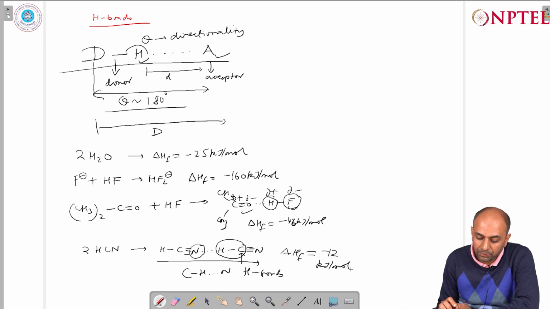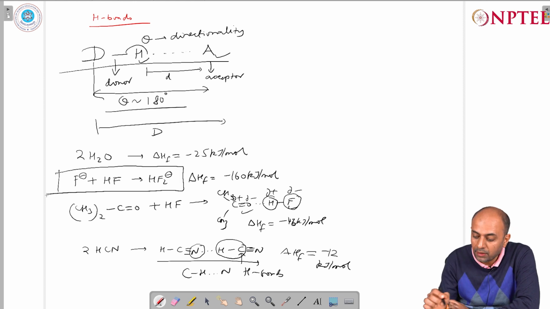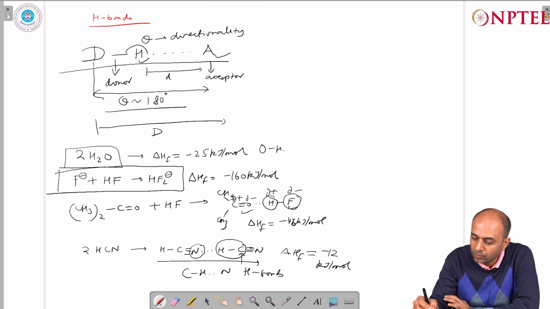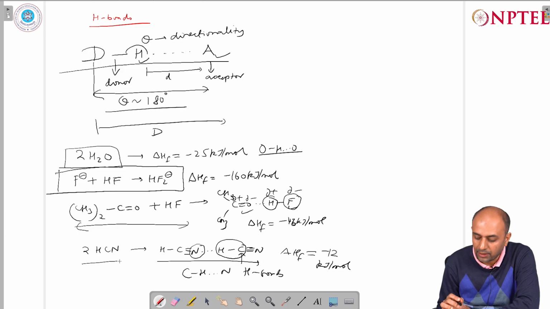So right away we can appreciate that if you have an ion-dipole interaction, then the enthalpy change is the strongest, followed by the association of water molecules via OHO hydrogen bonds, followed by dipole-dipole interactions between two different molecules, HF and acetone, and followed by the hydrogen bonding interactions between HCN, which form CHN hydrogen bonds.